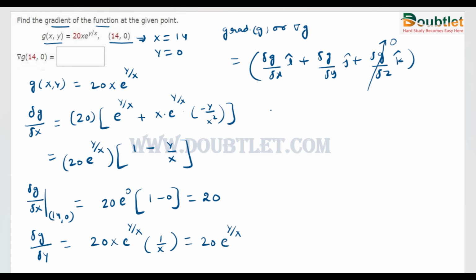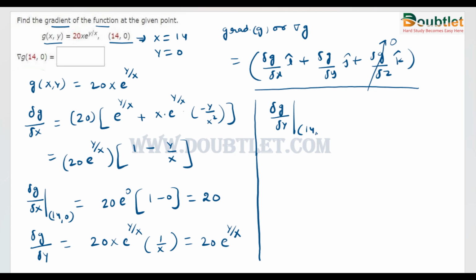So if we want to find del g divided by del y at point 14, 0, definitely it will be 20 e to the power 0 again, so it is 20.